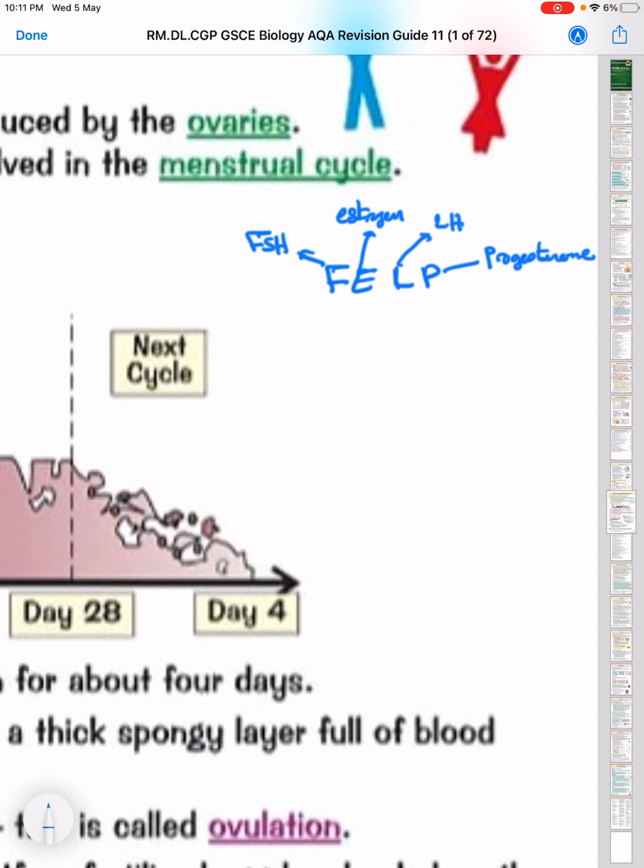These hormones are released in the same order, so it's FSH, then estrogen, LH, and then progesterone. And these are released from, we'll remind you with the word POPO, from where they are released.